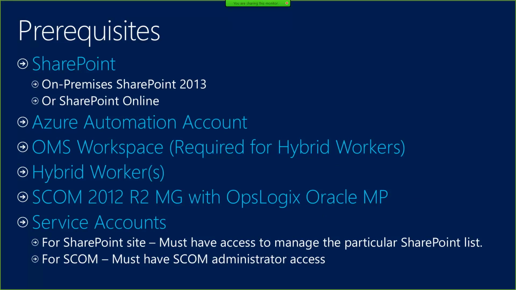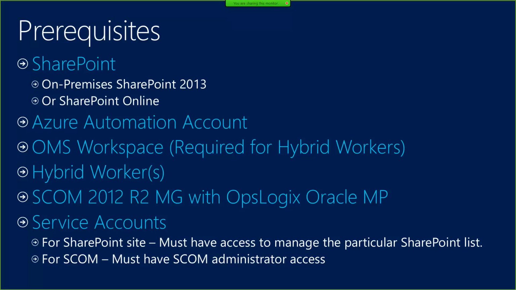Okay, so these are some of the prerequisites. We need SharePoint. We need to have an Azure Automation account. We need to have an OMS workspace that connects to your Azure Automation account. This is required to register hybrid workers, and obviously we need one or more hybrid workers in your on-prem environment, preferably somewhere close to your SCOM management server.